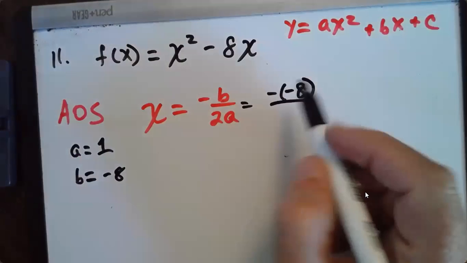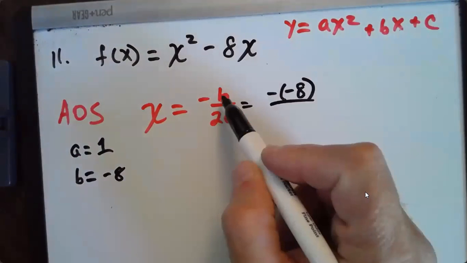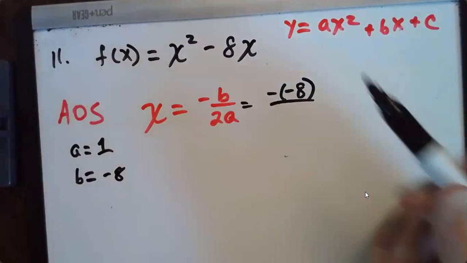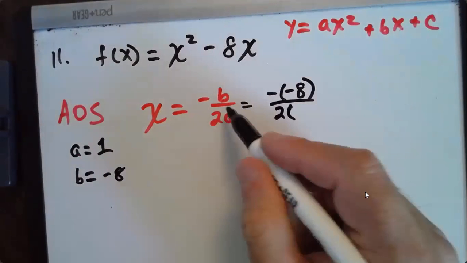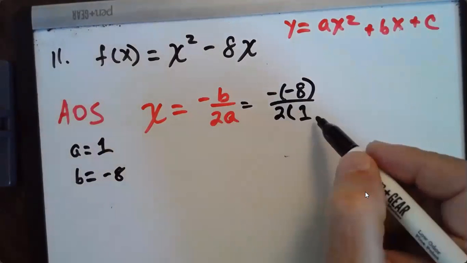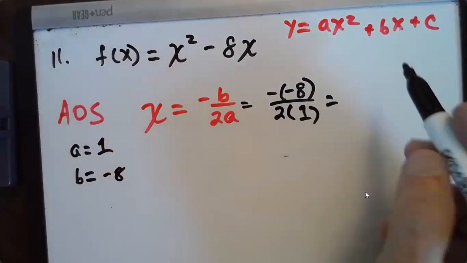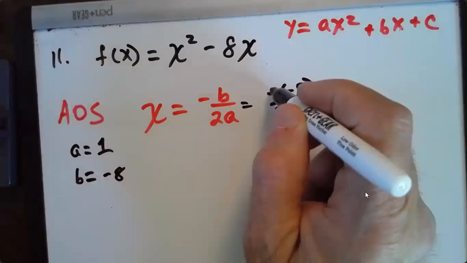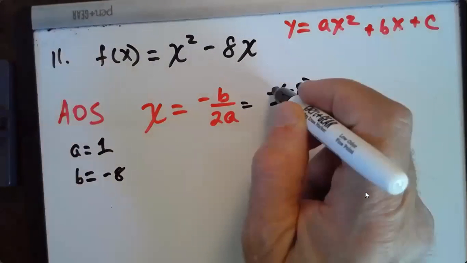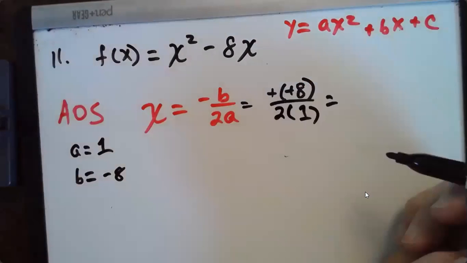So the sign for the numerator is always opposite of what's in the equation. And then 2 times a, which is 1. And so minus the opposite of a negative 8 is a positive 8, so that becomes a plus 8.